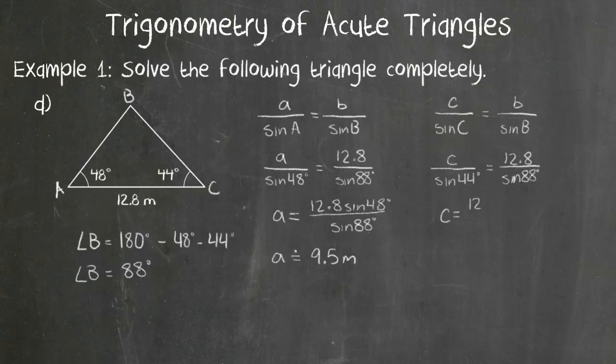Isolate C by multiplying by the sine of 44, so C equals 12.8 times the sine of 44 over the sine of 88 degrees. And evaluate that in our calculators, gives me an approximate value for C of 8.9 meters.